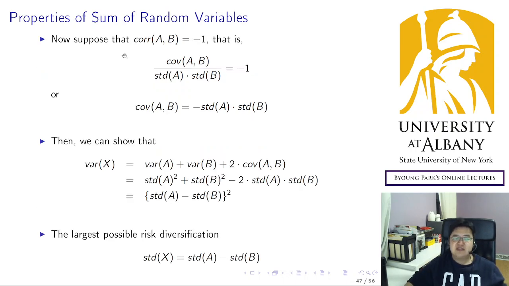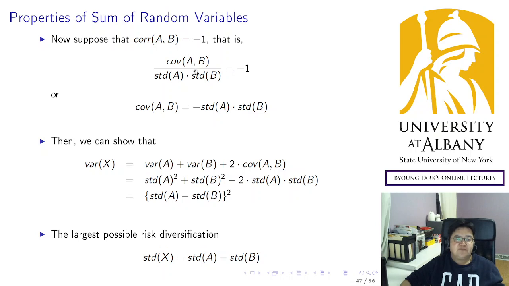Alternatively, let's study what happens if you have correlation of -1. If you have correlation of -1, those two assets are perfectly moving the other way. When one stock goes up, the other stock exactly goes down, by the same or proportional amount, right?